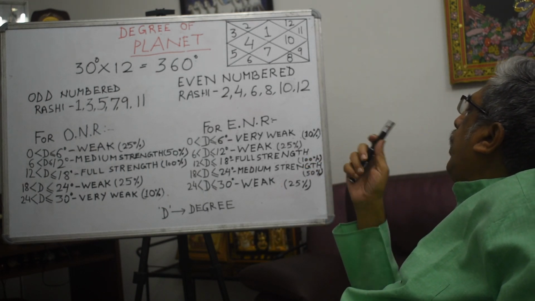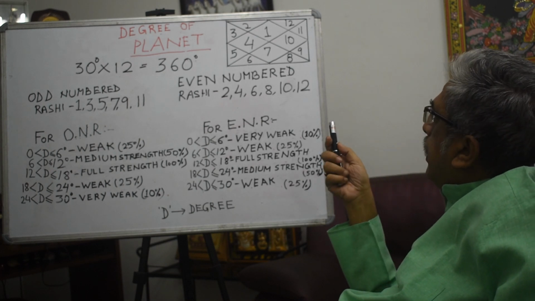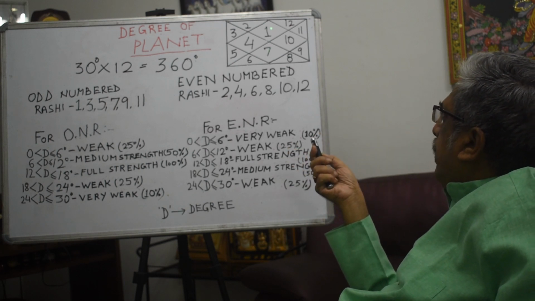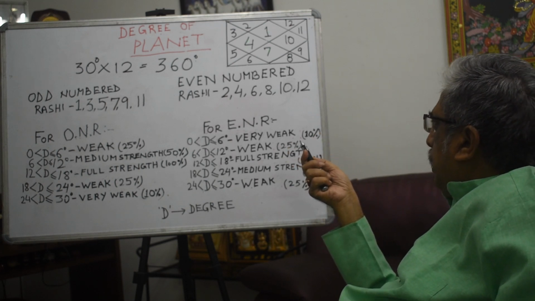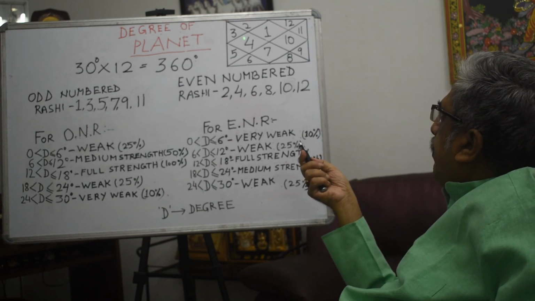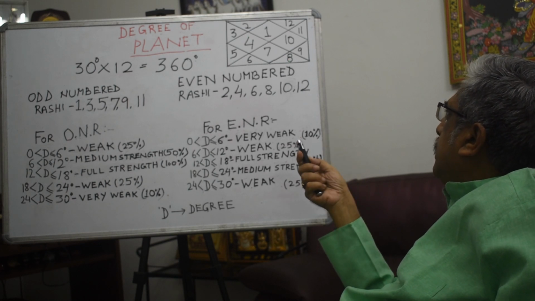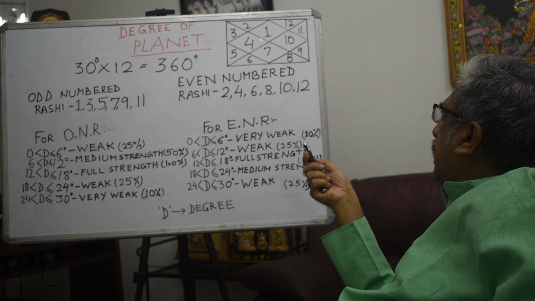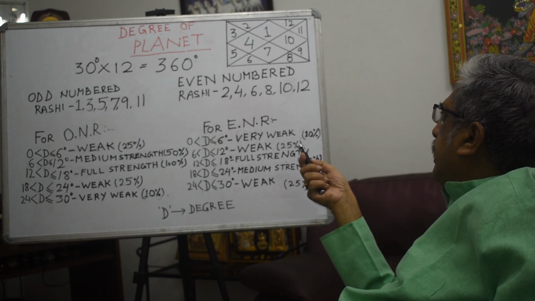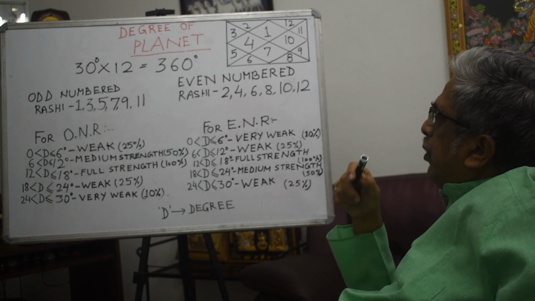So at the time of actual birth, what is the planet's position in each Rashi? How many degrees has it already traveled? Sun may be here, Mars may be here, Saturn may be here. Mars may be here at 6 degrees, Saturn here at 8 degrees. Suppose Mars in Cancer is at 6 degrees, it means Mars has already traveled 6 degrees by the time of birth.